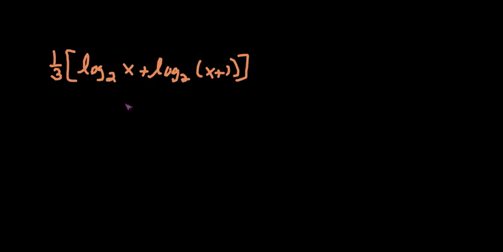So on this one, I've got log base 2 of both of these, and there's an addition, which tells me product property says I can put those back together. So let's do that. So we're still going to keep our 1/3 out here. We're going to turn the inside into a single logarithm of x times x plus 1.